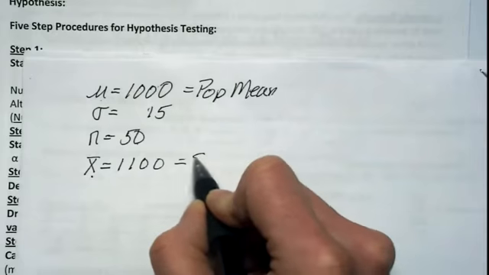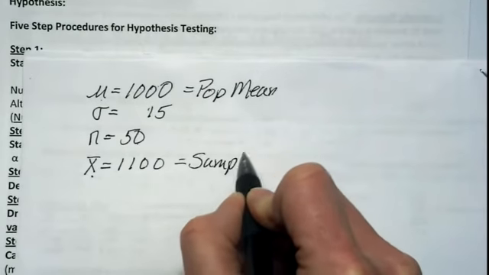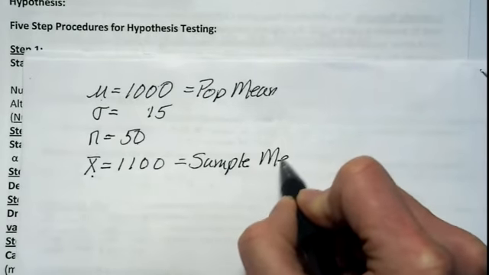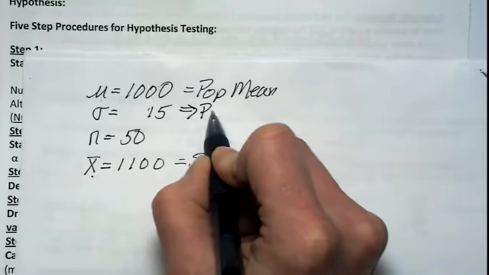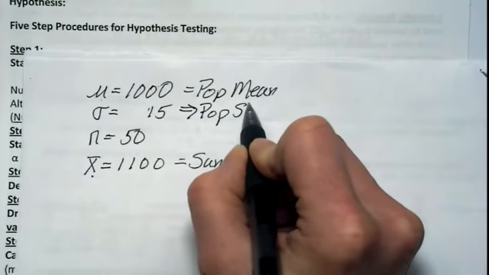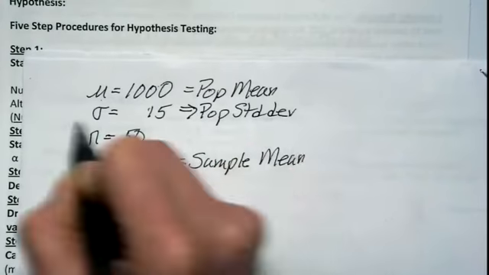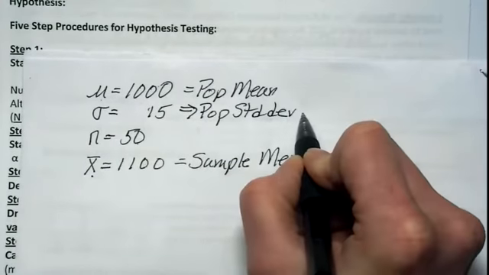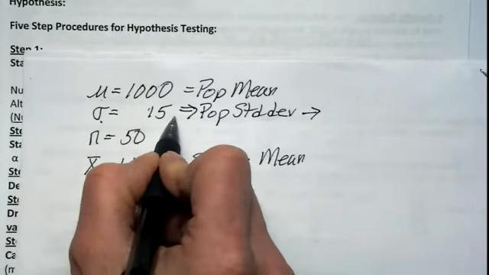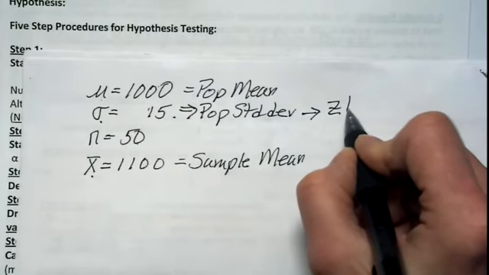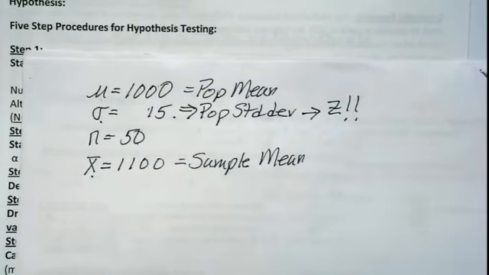This is the sample mean. And most importantly, this is the population standard deviation, sigma. Because I have the population standard deviation, it's a Z. We're going to use the Z table.